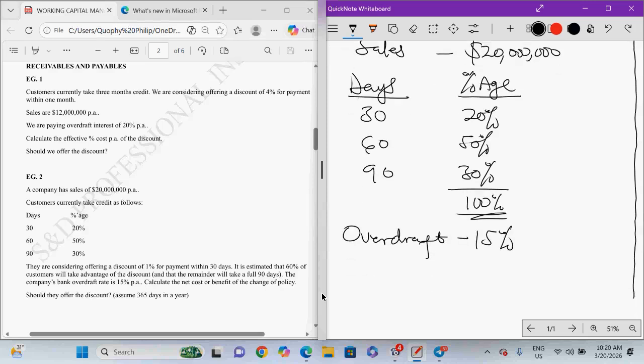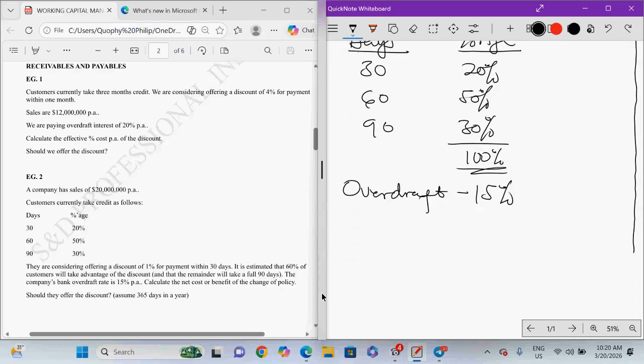So now let's determine the cost of giving the discount, and then we also do the benefit of giving the discount. What is the cost of giving the discount?